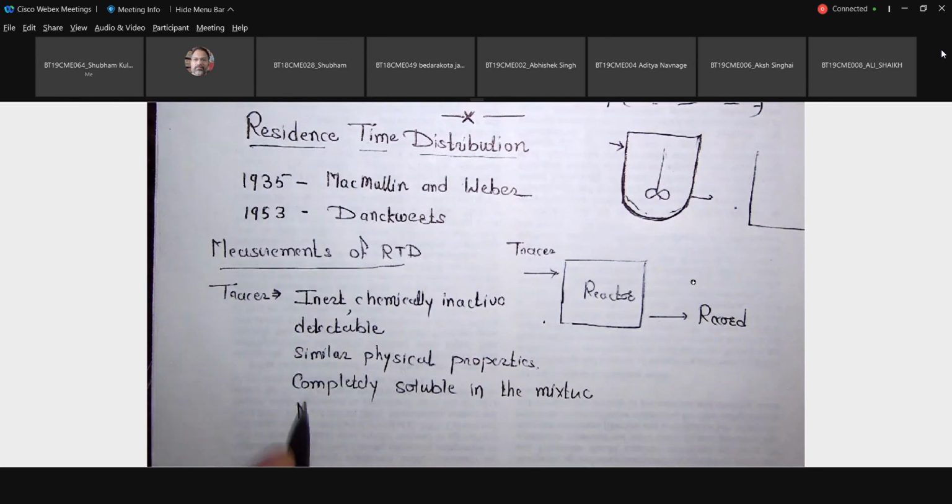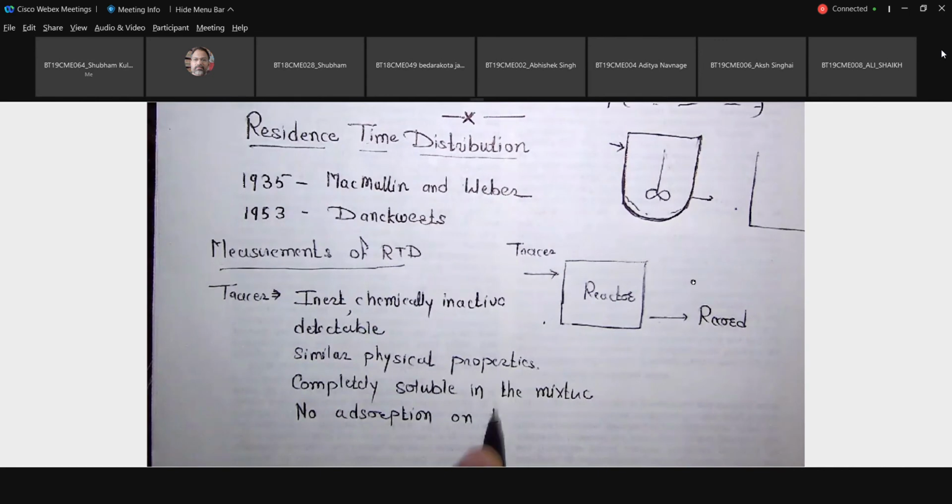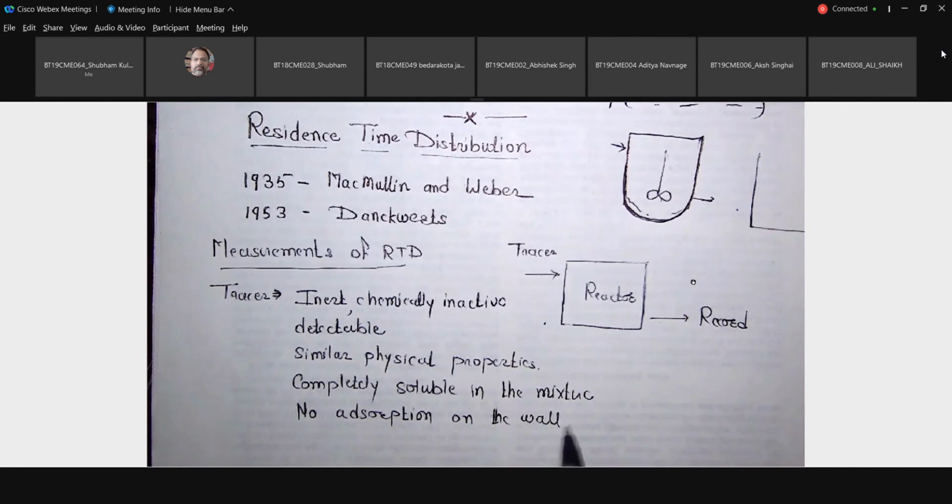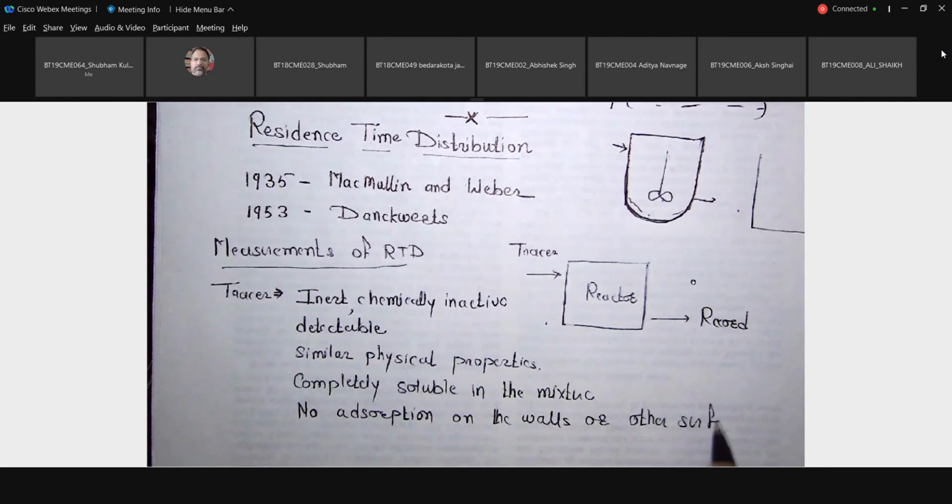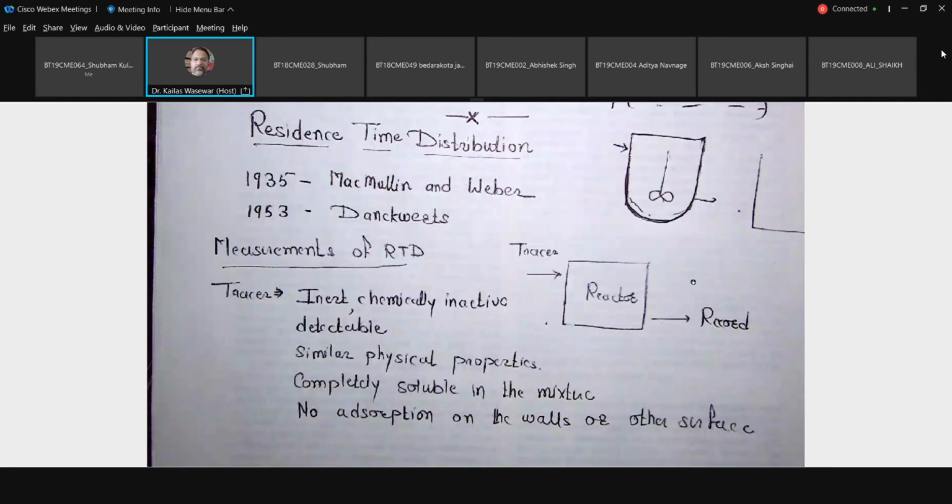Also, there should not be any adsorption on the wall or other surfaces. So these should be the typical characteristics of the tracer: inert, chemically inactive, detectable, having similar physical properties.